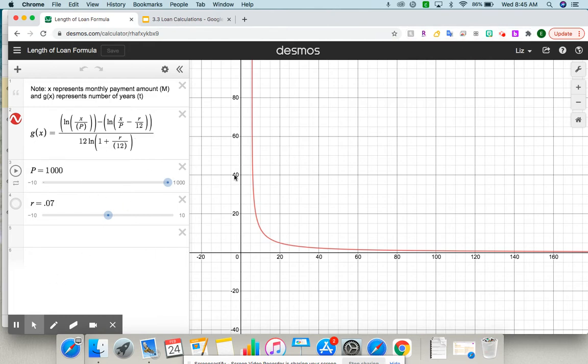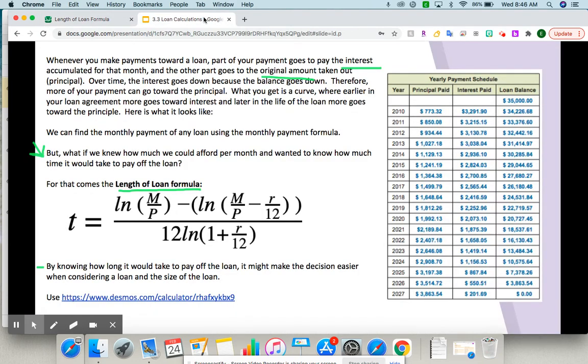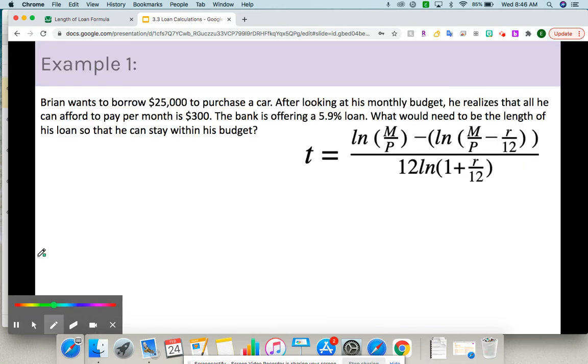So here is the Desmos calculator. If we are looking at the first example from the previous slide, Bryant wants to borrow $25,000 to purchase a car. After looking at his monthly budget, he realizes that all he can afford to pay per month is $300.